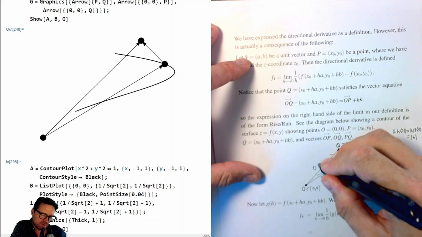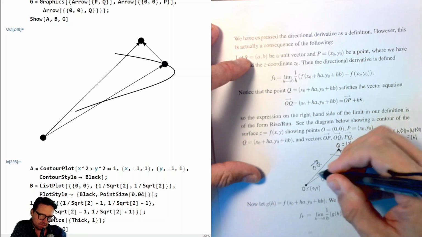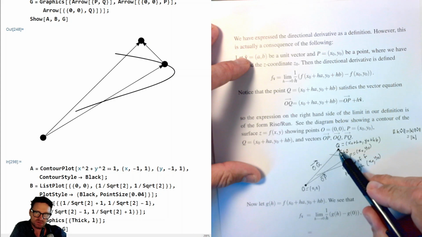So this is OQ, or how we get from the origin to the point Q.